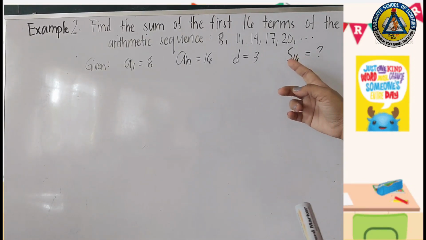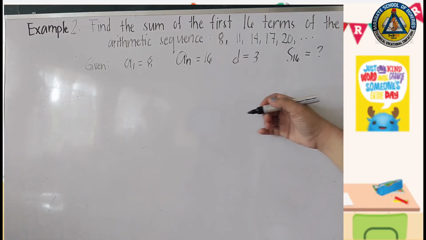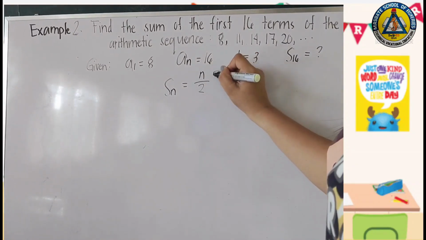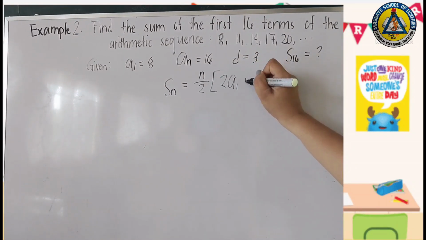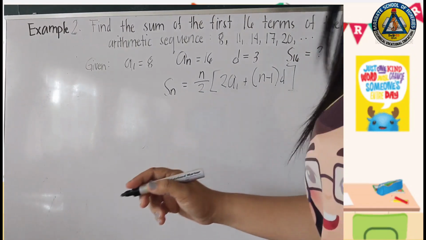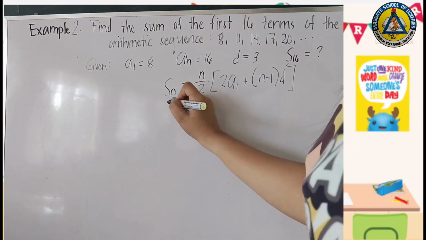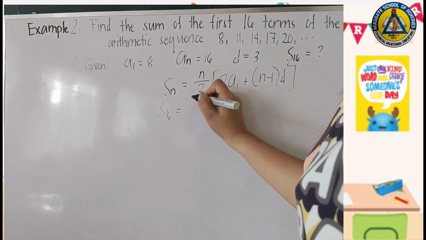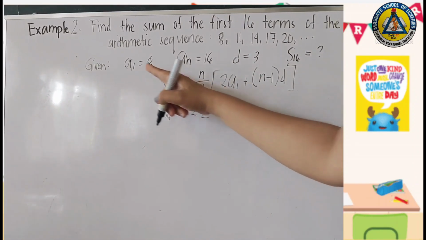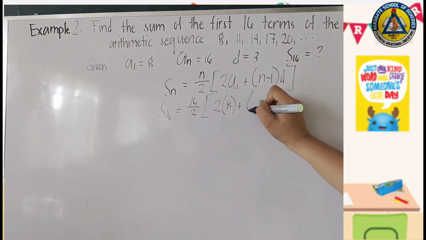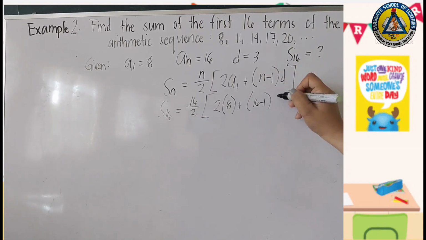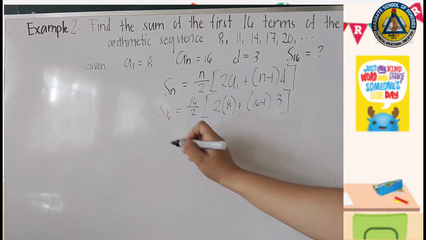So the last term is not given. We are going to use the formula S sub n equals n over 2 times 2a sub 1 plus n minus 1 times d. Substituting the values, we have S sub 16 equals 16 over 2 times 2 times a sub 1, which is 8, plus n minus 1, which is 16 minus 1, times the common difference, which is equal to 3.